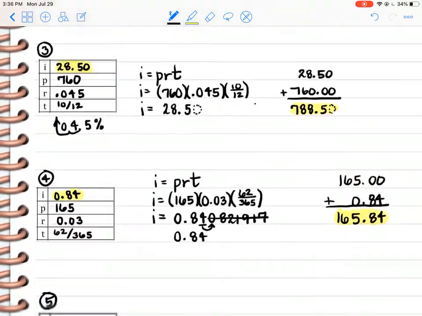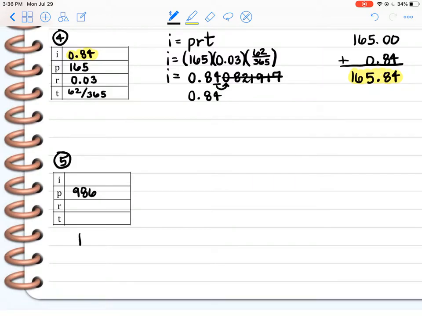12.9, so let me show you how to convert that. And you got to go 2 places. So 129, and the time was 18 weeks. So 18 out of 52 weeks in a year.